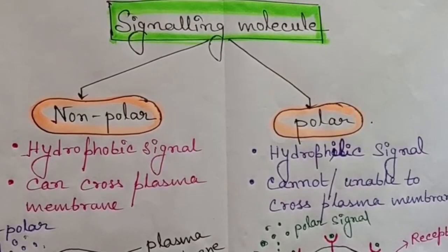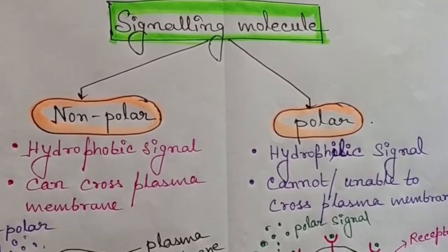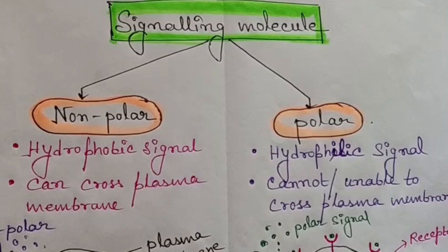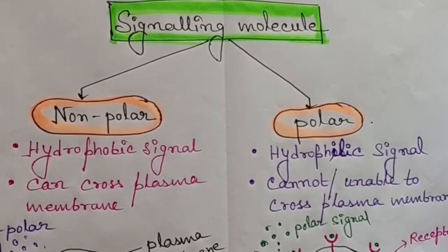So now we can discuss the signaling molecule related to cell signaling, as I have told you before. Now, what is a signaling molecule? A signaling molecule is a molecule that is responsible for the mechanism, or that binds to the receptor so that the receptor signaling complex can be formed.